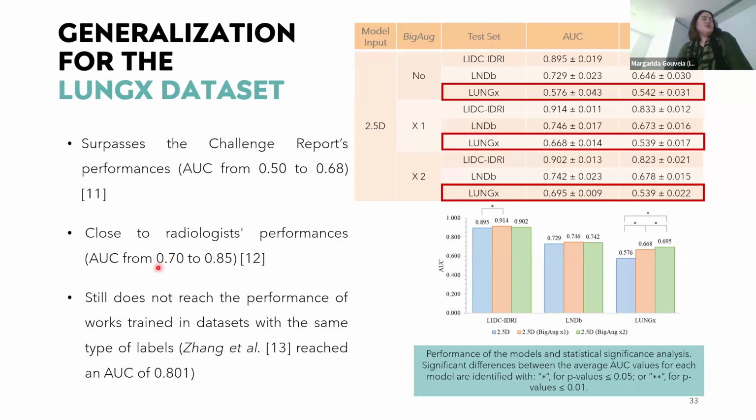So even when radiologists are analyzing the images, they miss a lot. Our performance is still low when we compare with the work that exists in the literature, but this work uses an LSC dataset. This dataset has the biopsy, so basically they train with data that has the same type of annotations. That was not our case.